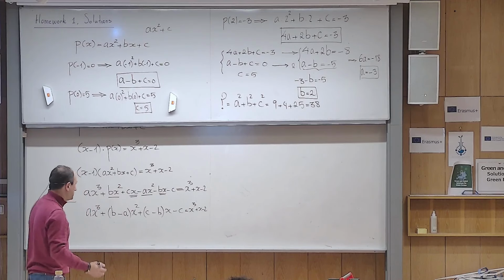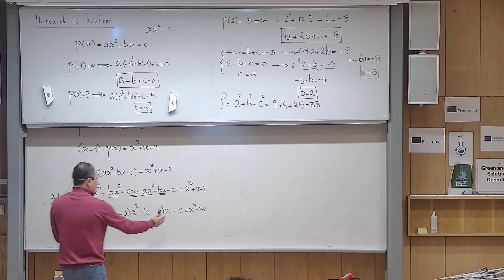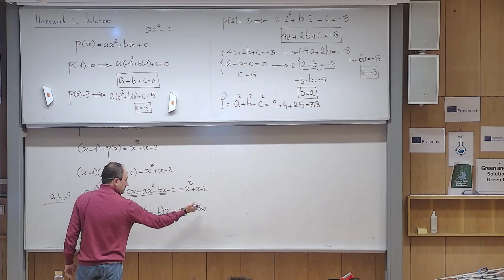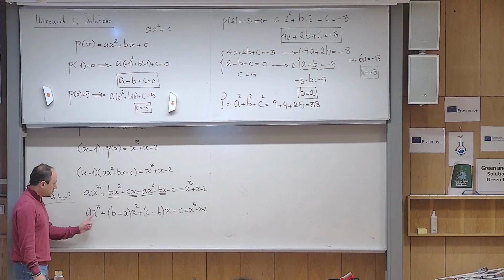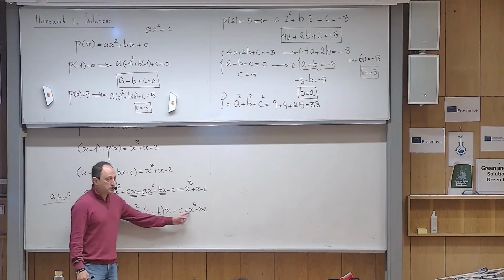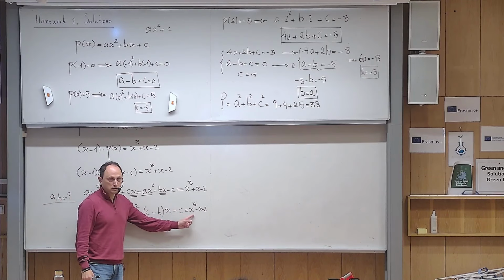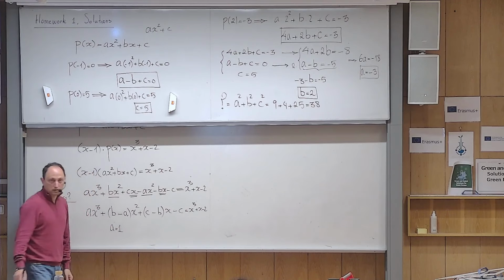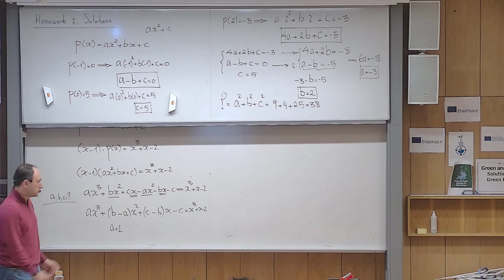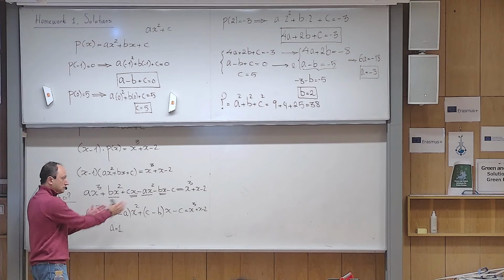So when this happens, it means that you want to make this identical to this. You see that a is the coefficient of x cubed here. The coefficient of x cubed is how much here? 1. So I choose a to be 1. My goal is to make the left identical to right.